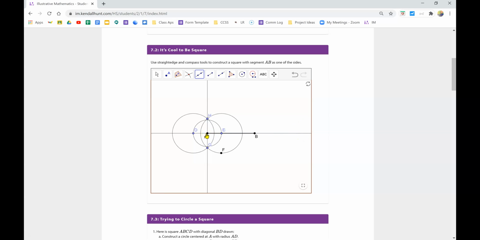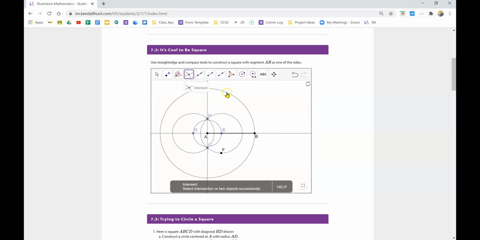Now I have to figure out how to get from A up to a point along this line that's the same length as AB, and I can do that with a circle. So we'll click the circle tool, click on A and B, and put that circle right here at A. And there's my point. That's the same length as AB, so I'm going to use the intersection tool again, click the circle, click the line.